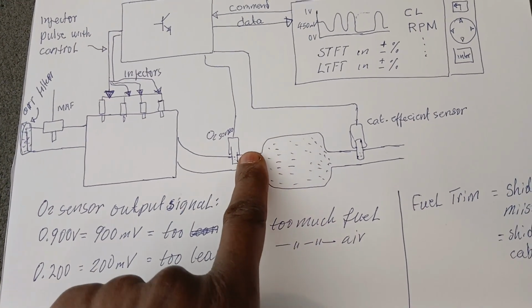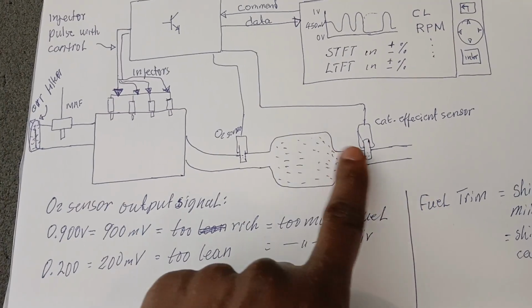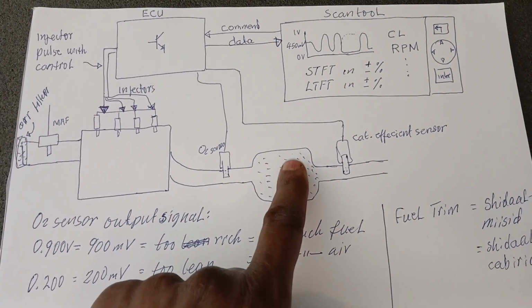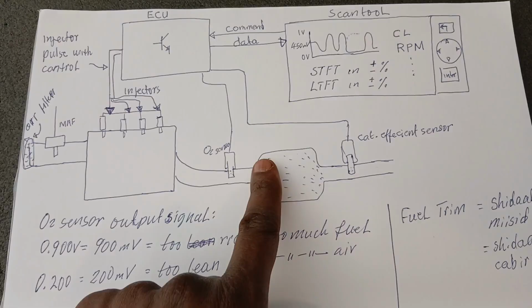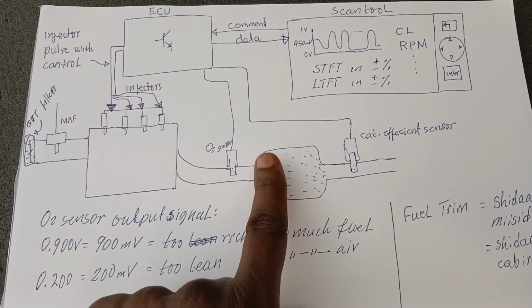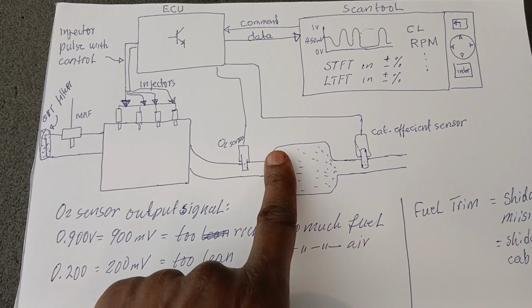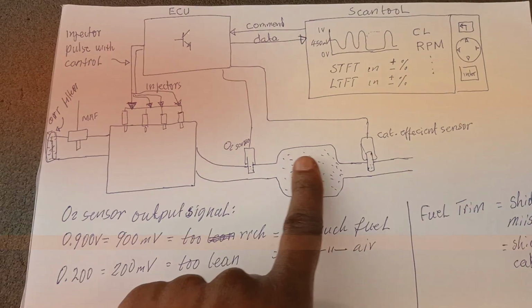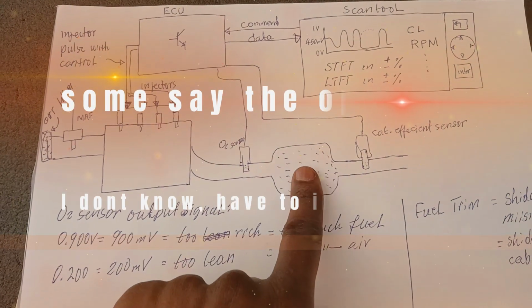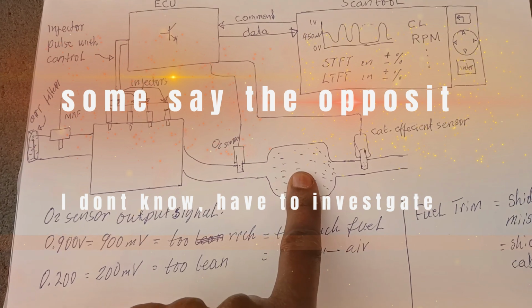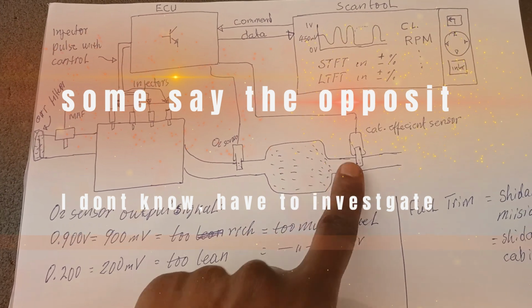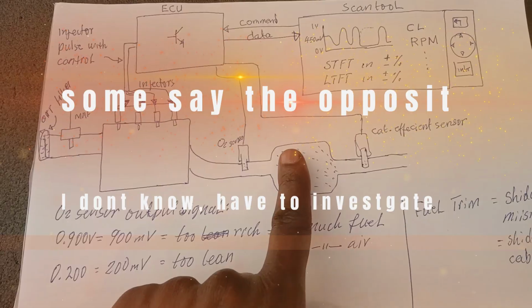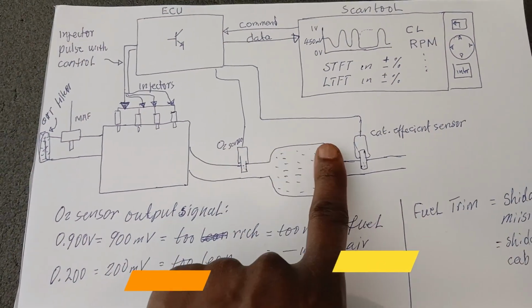If the temperature here and there is the same, that means the catalyst is not doing much. But if there is a temperature difference, meaning it is less hot here and much hotter there, it means the catalytic converter is working. If there is no temperature difference, then the catalytic converter is bad.